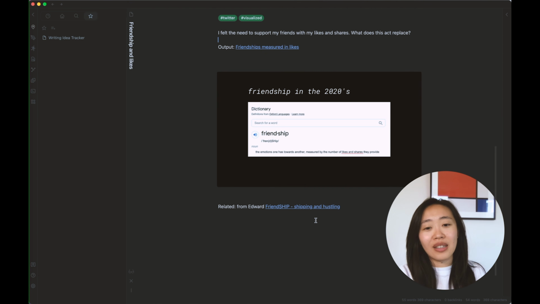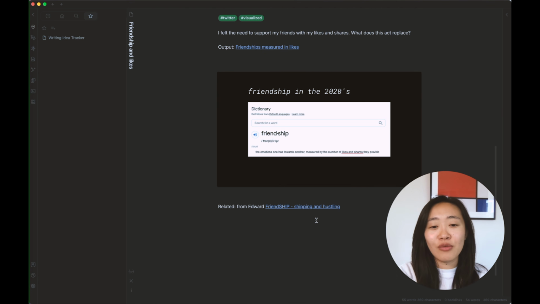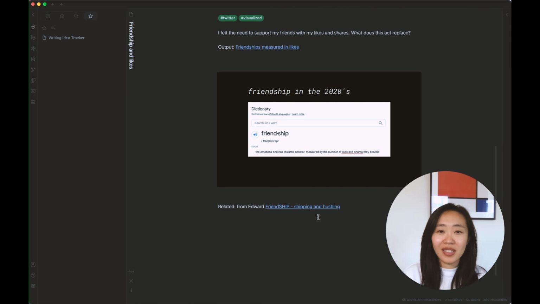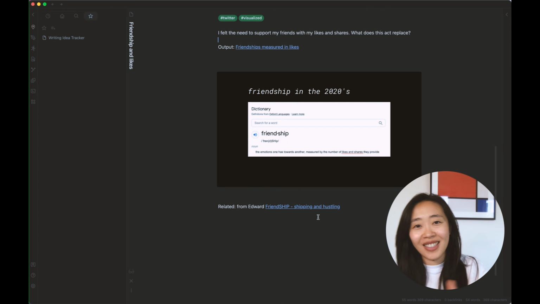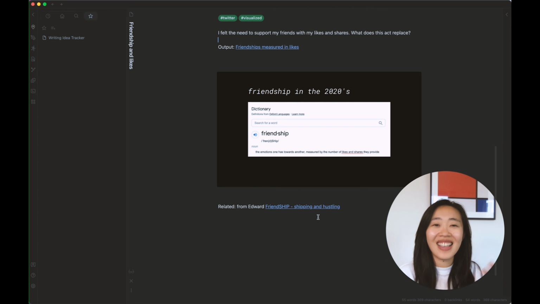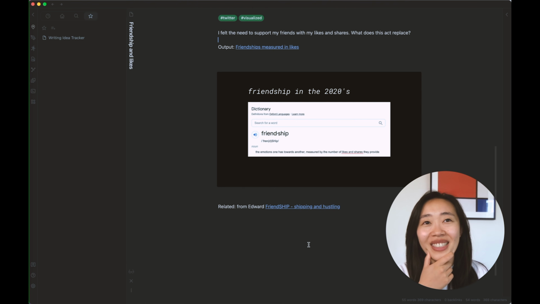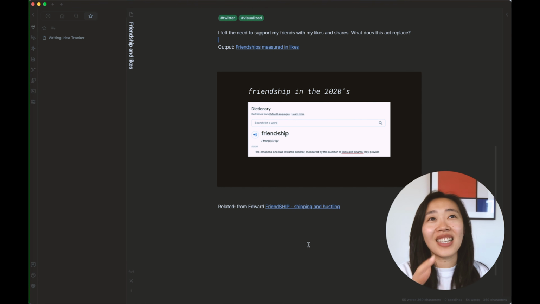And from posting this, a Twitter friend of mine then reached out and told me about the idea of ship. Like shipping today means like ship a product, the same way we're shipping friends. And I thought that was really another interesting take on how much our society has changed.